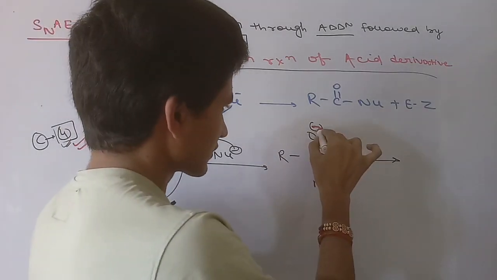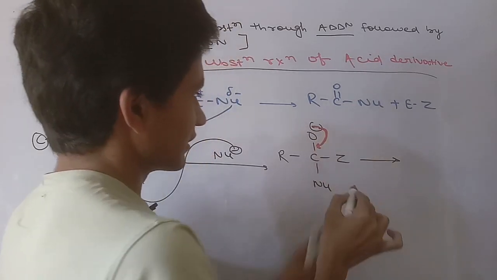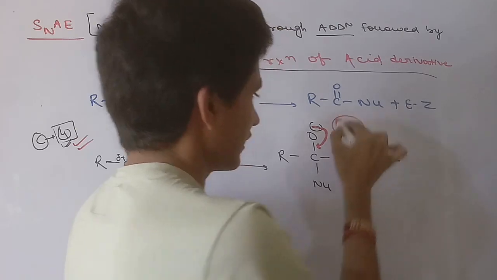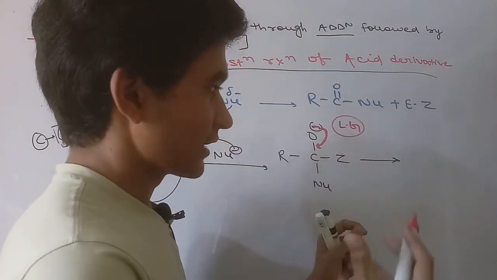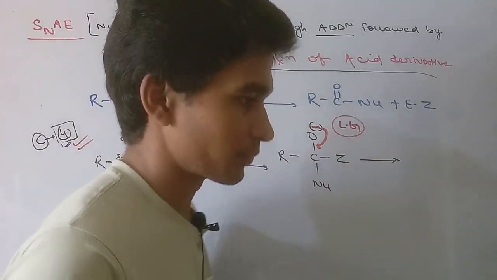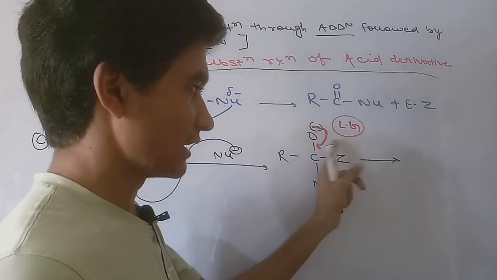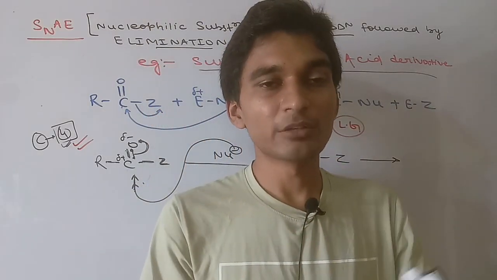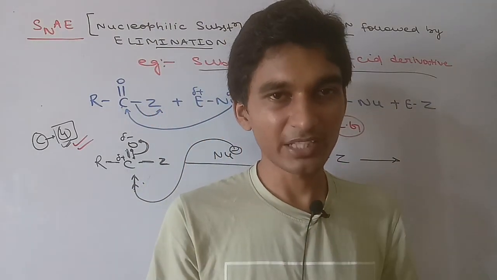So once its electrons come into this place, this Z, I have assumed that this Z is your leaving group. Z is a leaving group means it will leave upon the requirement of the reaction.